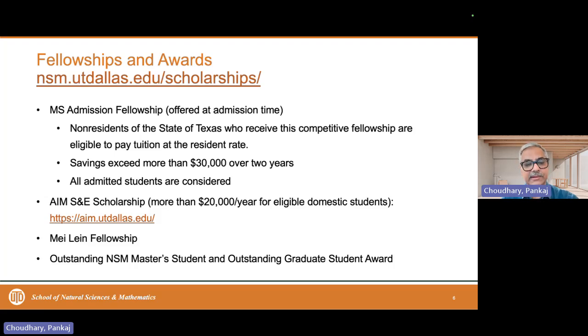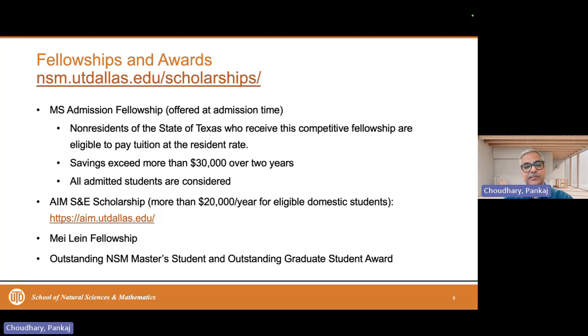This scholarship offers more than $20,000 per year for 2 years to pursue a list of master's programs, and that list includes this particular AI program that I'm talking about. Again, this is a very exciting opportunity. You can go to this website, aim.utdallas.edu, to learn more about this particular scholarship opportunity.